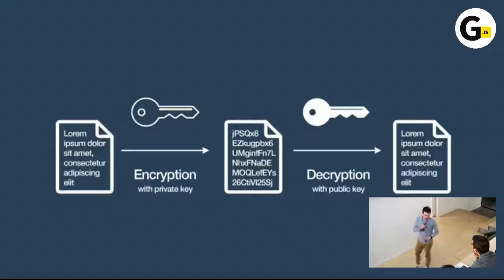A short recap of asymmetric cryptography. You basically have a pair of keys, a public key and a private key. Your public key is meant to be shared with whoever you want to communicate with, and your private key is meant to be kept very secret. You can use either key to encrypt data, but the opposite key is used to decrypt that data again.